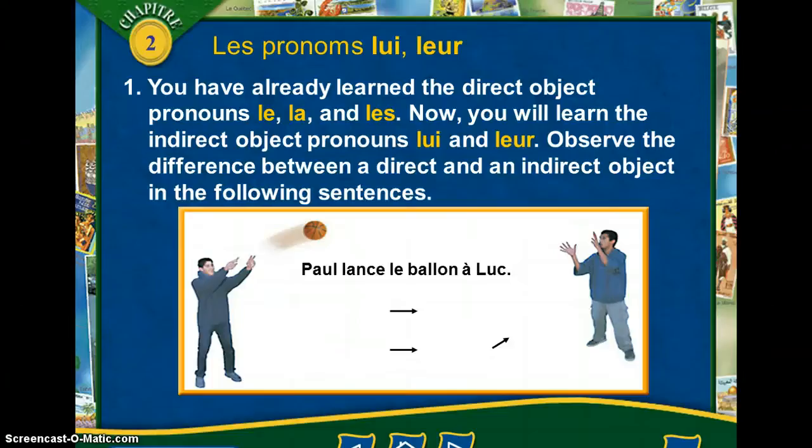He's directly throwing the ball, so that is the direct object. Paul lance le ballon. That is the direct object. So that makes Luc an indirect object. He's not throwing Luc, but he's throwing something to Luc. So pause if you need to and get this written down, and I will go on.